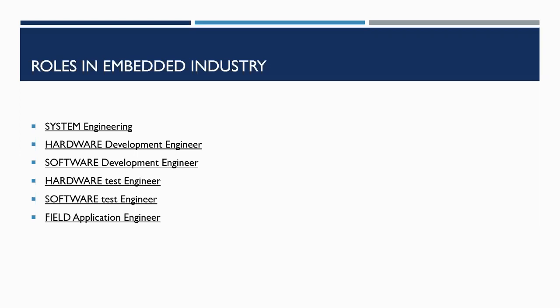Communication protocols like UART, I2C, SPI, CAN are there, and in the telecom industry they have different protocols: GSM, GPS, GPRS. On the semiconductor side there are also different types of protocols.